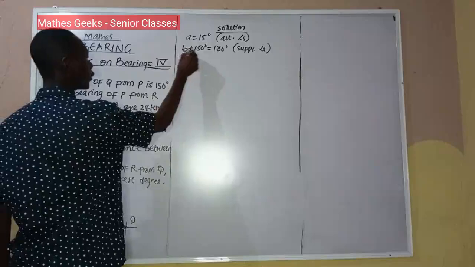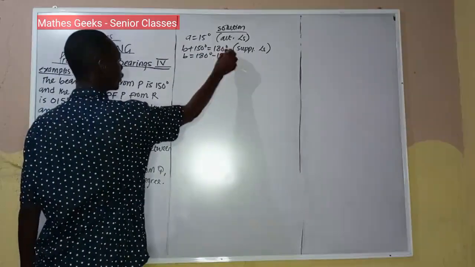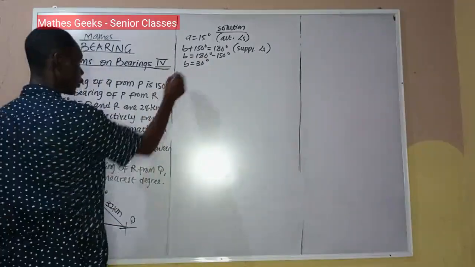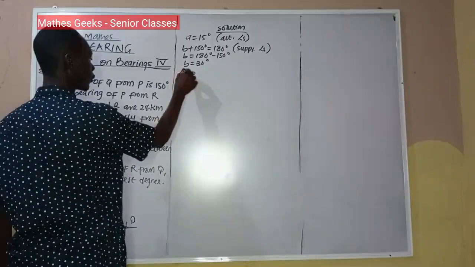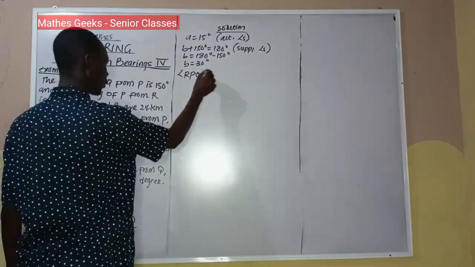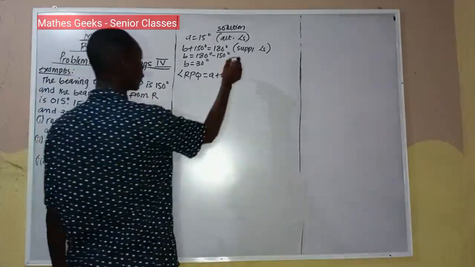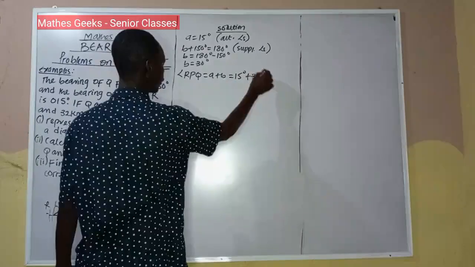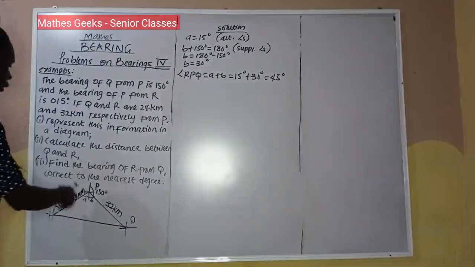So B is equal to 180 degrees minus 150 degrees, and B is equal to 30 degrees. And so angle PQR is equal to A plus B, 15 degrees plus 30 degrees, giving us 45 degrees. So this angle is 45 degrees.